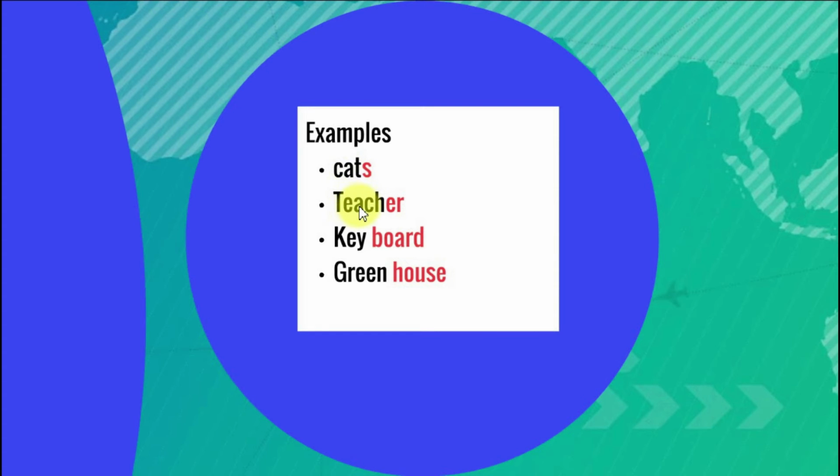Teach means to educate someone, and spread or generate knowledge, or transfer some knowledge to others. That is a free morpheme, but er is not standalone, so we cut it out. Keyboard: key can stand alone, right?